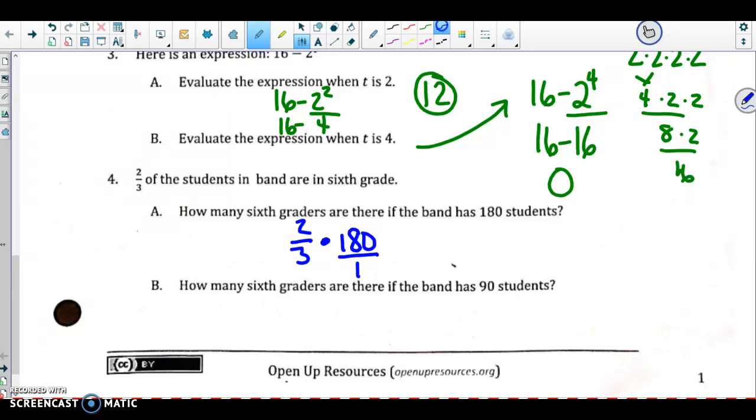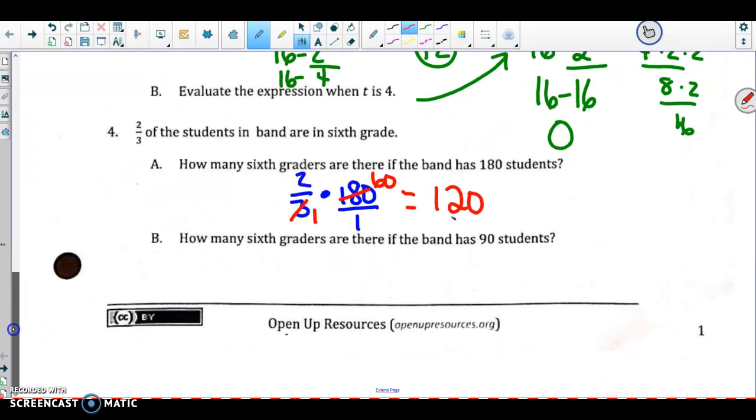So I can put that 180 over 1. And then I remember, oh yeah, 3 does go into 18. So 3 is going to go into 180. 3 goes into 3 once here and into 60 here. And then we would just take 2 times 60 to get 120. 120 students are in band or in 6th grade.